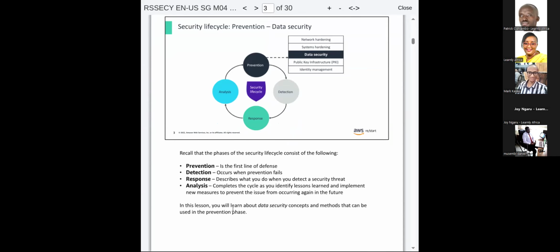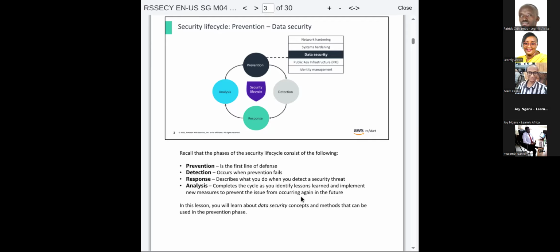You remember, guys, yesterday we learned about the different life cycles we have in security. The first one is prevention, where you prevent your resources and your data from being attacked. Then there's detection. If anything has happened to our data, or if there's any weakness, how can we detect it early?